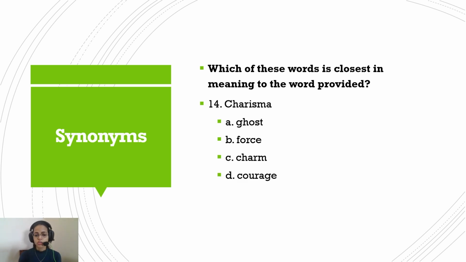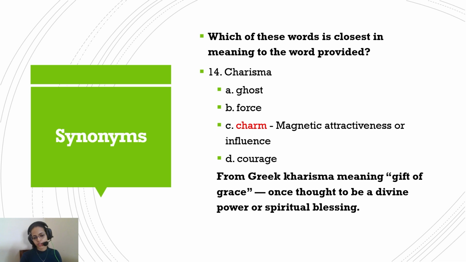Charisma. So charisma means host, force, charm, or courage. No, sorry. Charisma means charm. So the starting of the word, char, gives away the meaning: charm, magnetic attractiveness or influence. Charisma is most often used for leaders. For example, Mr. Modi's charisma, or Putin's charisma.